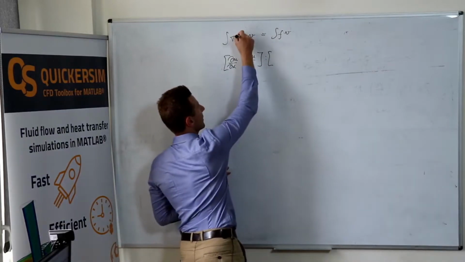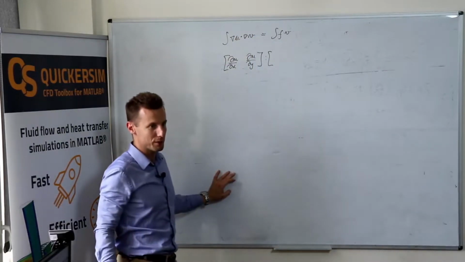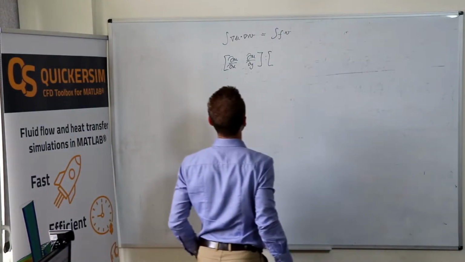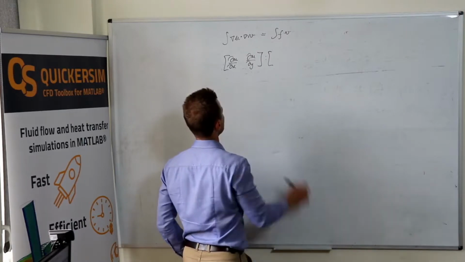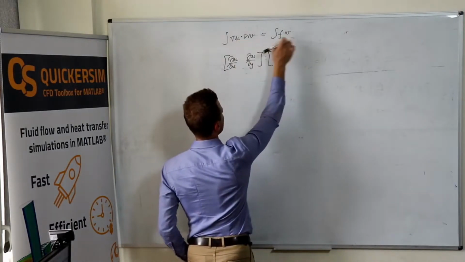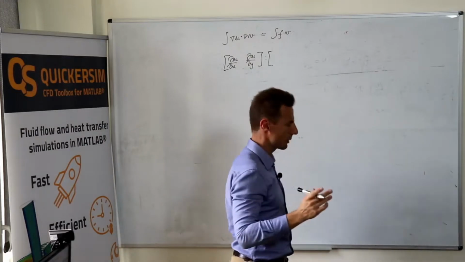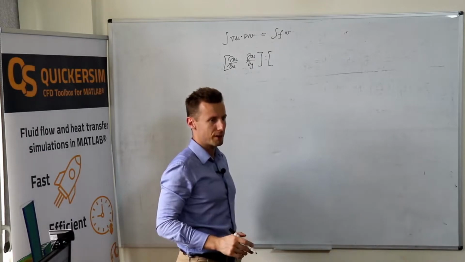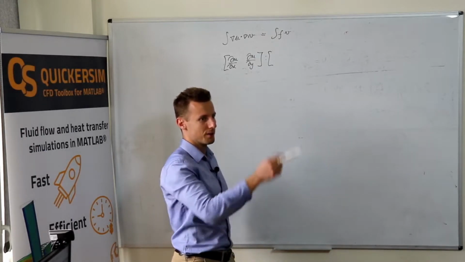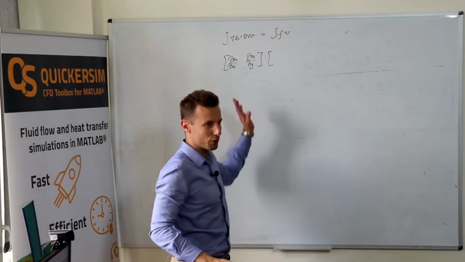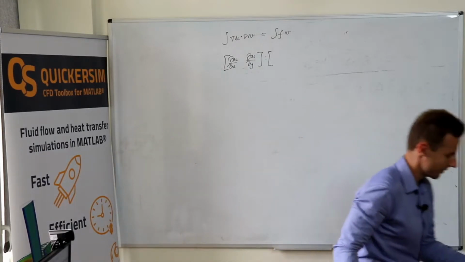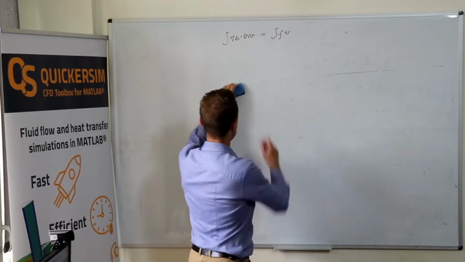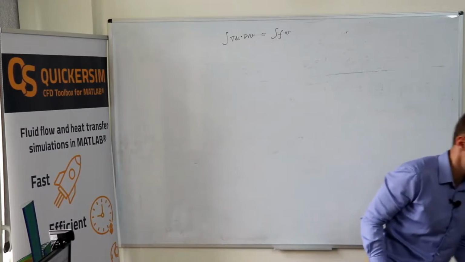You cannot write this because it would only give you a scalar value. Or sorry, no, that's good because we've got a scalar. The problem is if you've got a vector equation, then you need to do something analogous to that, and it's a bit more tricky to write it properly. So for this scalar case, it's fine.